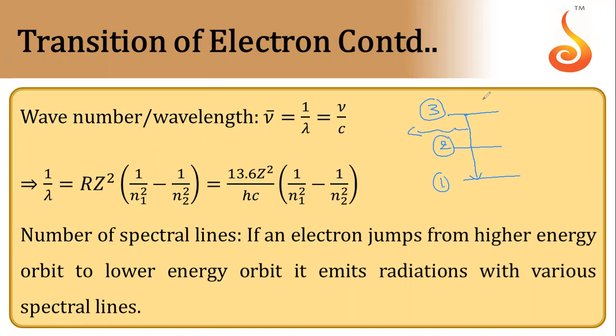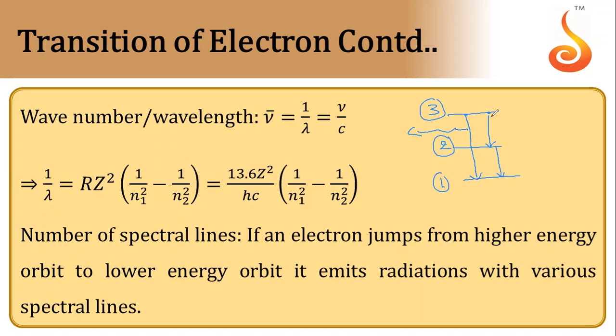It is also possible for another electron to move from the third to the second orbit, and then again move from the second to the first orbit. So instead of directly moving, it is moving 3 to 2, then 2 to 1.